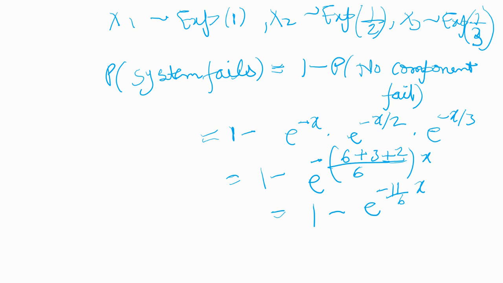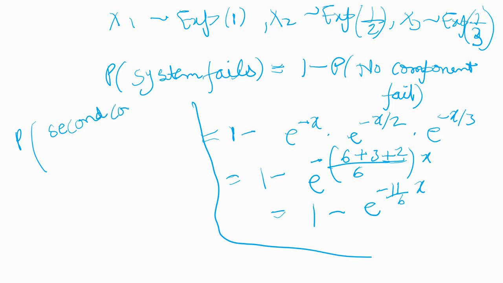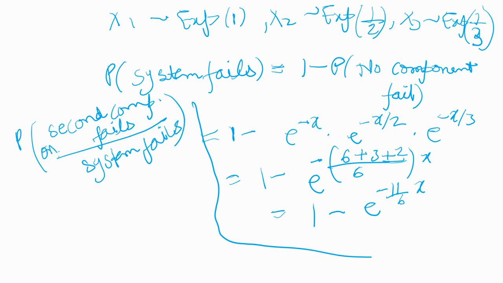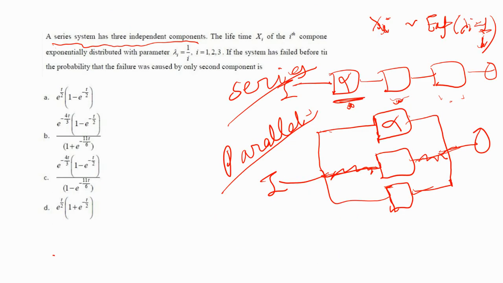Now we want to find the probability that it happened because of the second component. So the probability that the second component fails, divided by the system failing. That is also mentioned here, that only the second component fails.